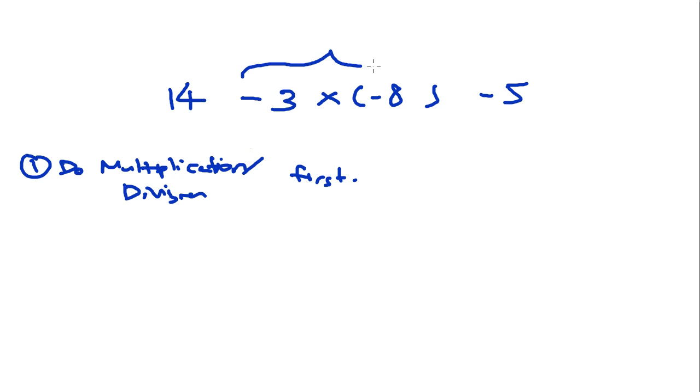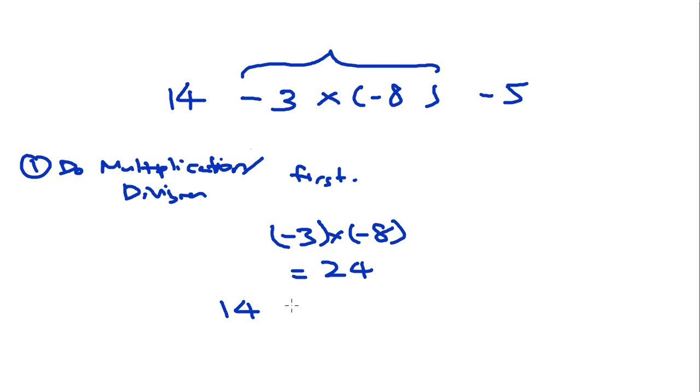So in this case, you have -3 times -8. We know from just now that two negatives give you a positive, and this gives you an answer of 24. So here you can see it becomes 14 plus 24 minus 5.